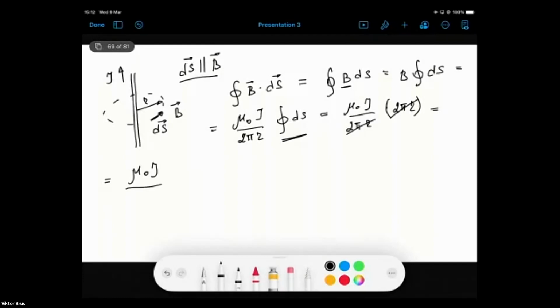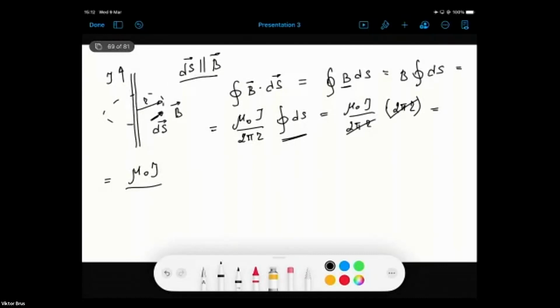So this is actually true for all cases when we have any type of current flowing through a closed path, like some loop.